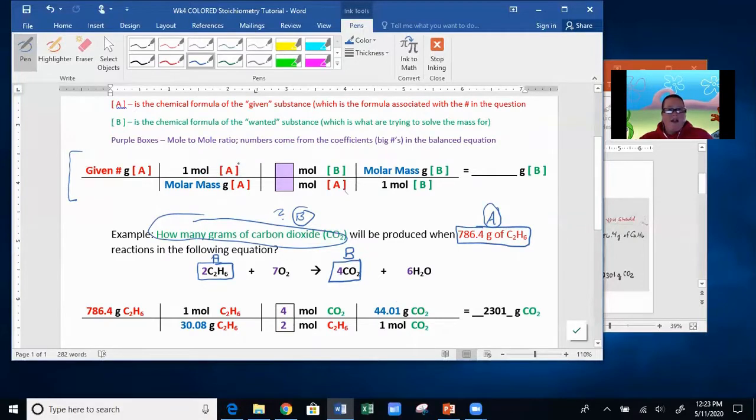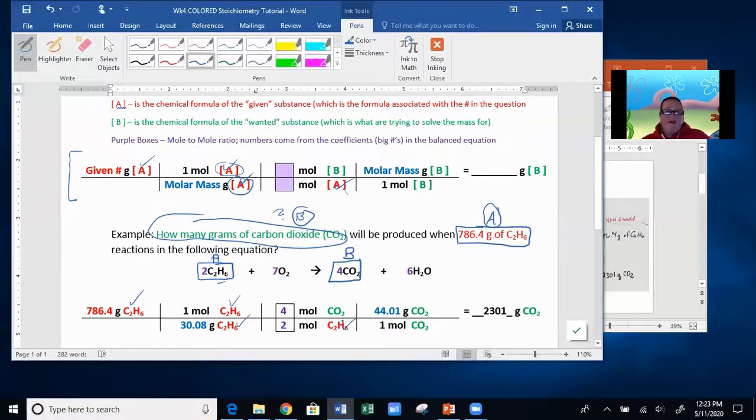Wherever there is an A in this map, we put the formula for A, which is this. So you'll notice that down here I have the formula for A, the formula for A, the formula for A, and the formula for A. And those correspond to all of these spots right here. This next step is called our mole-to-mole ratio. And the mole-to-mole ratio comes from the balanced chemical equation.